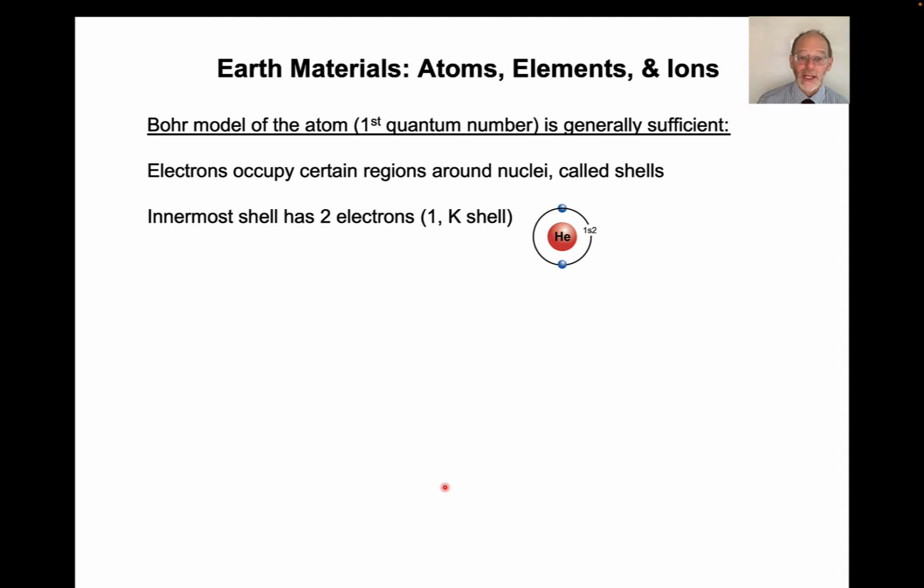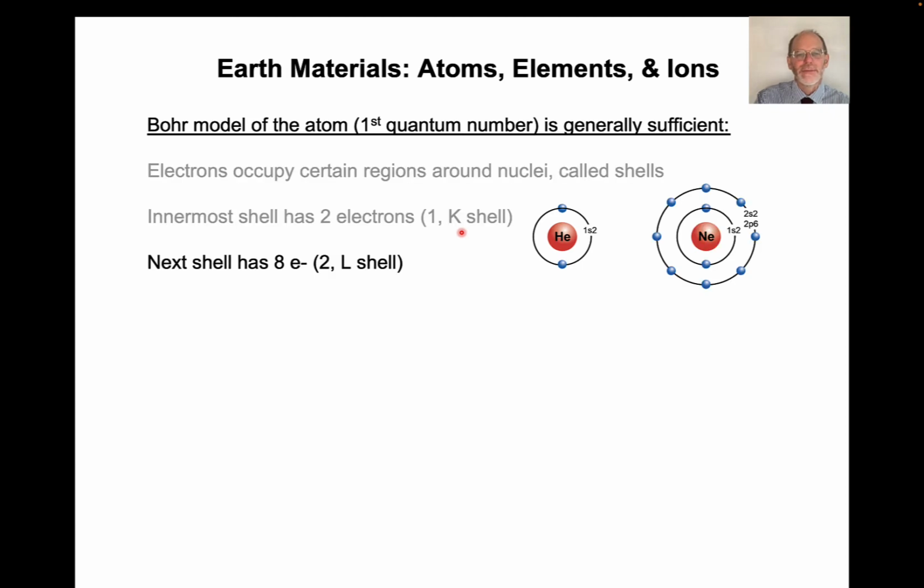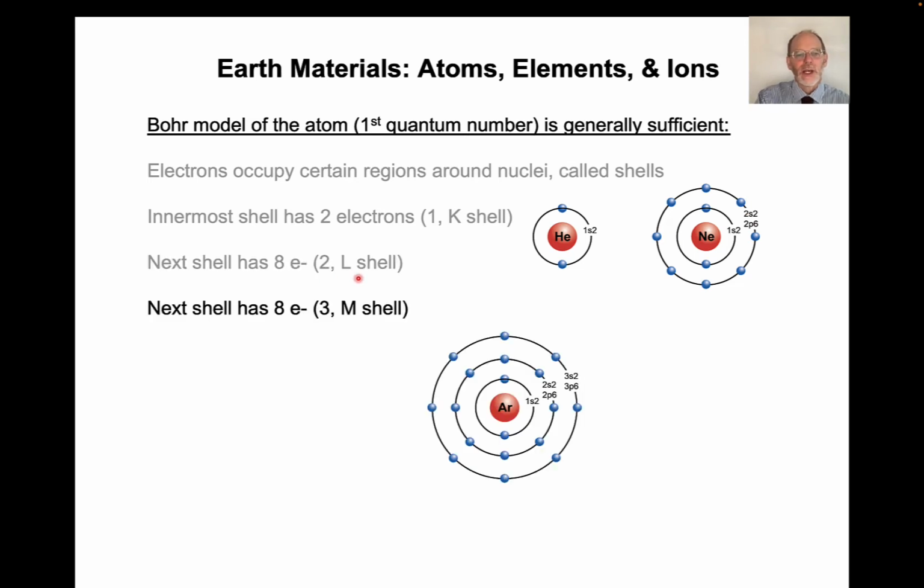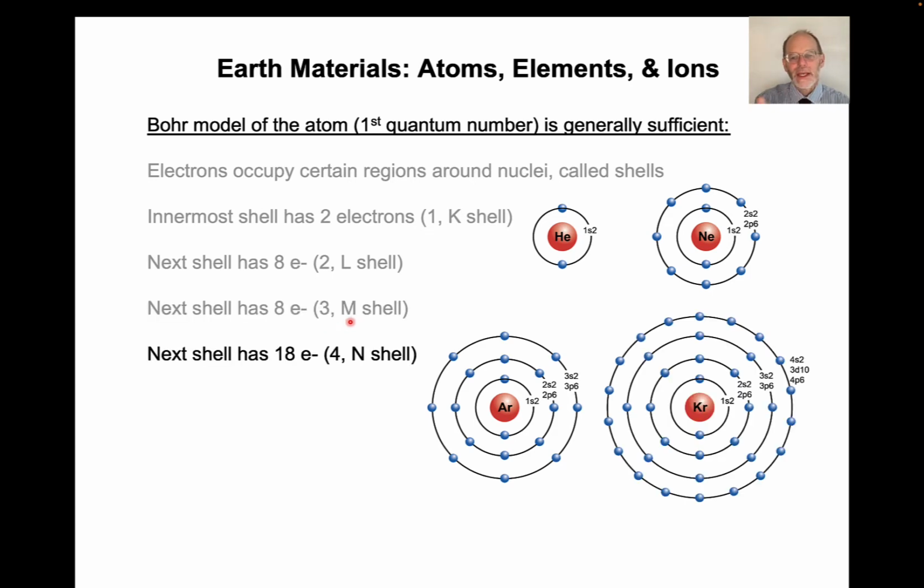The innermost shell has 2 electrons, so it's labeled number 1, or by convention it's called the K shell. The next shell has 8 electrons, and that's shell number 2, it's called the L shell. The next one also has 8 electrons, shell number 3, quantum number 3, labeled the M shell. The next one has 18 for the N shell, and it goes up from there.